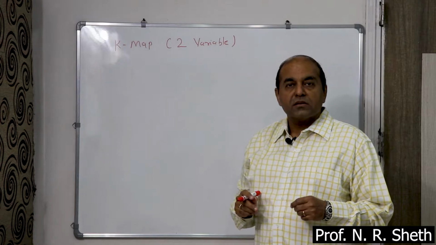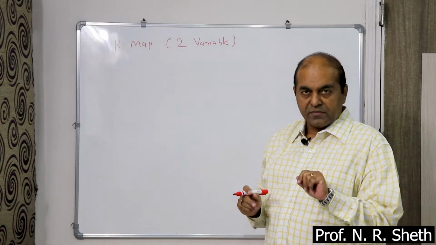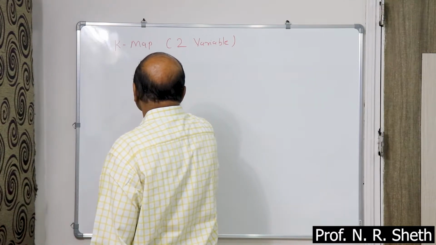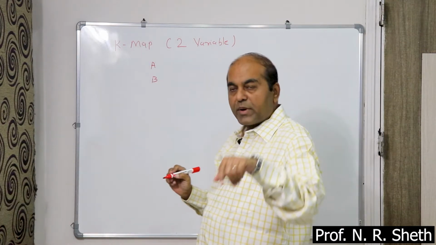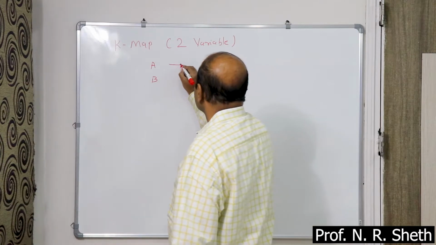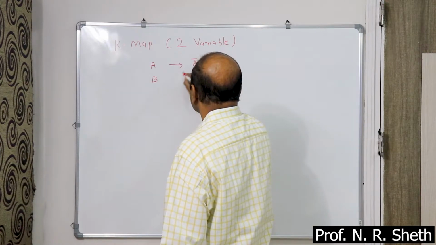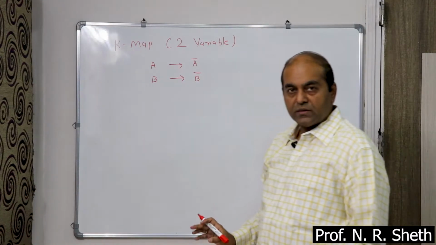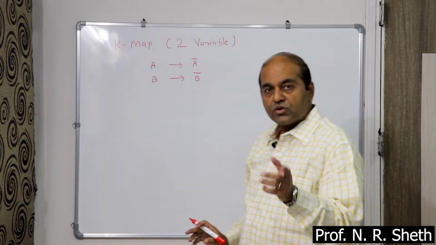Two variable means two inputs A and B, and their complements A bar and B bar. Clear? Now, truth table.